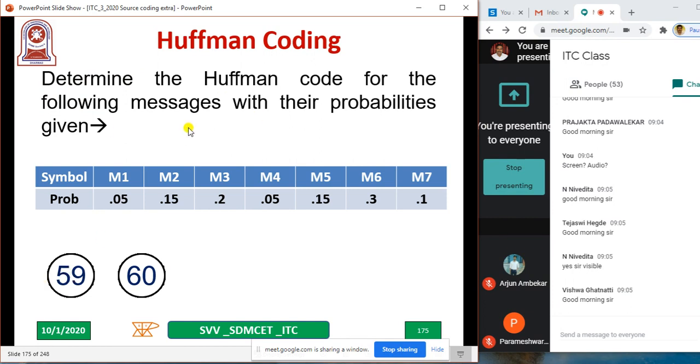Determine the Huffman code for the following messages with their probabilities given: M1, M2, M3, M4, M5, M6, M7.